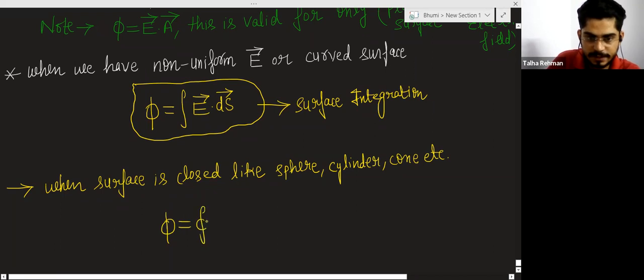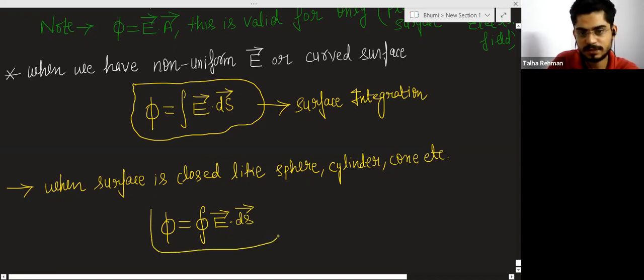Actually this is higher mathematics, not 12th class mathematics, but we just have to study the introduction of this. This thing is used for closed surfaces.